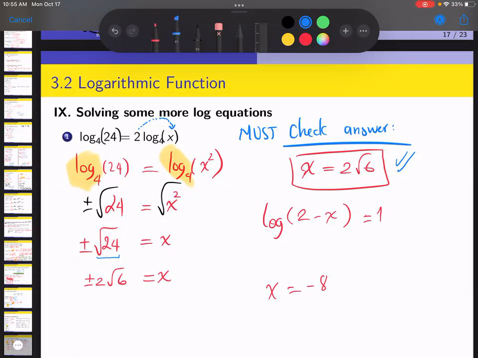In this case, it works, even though it's a negative solution. But remember, that's why you check. What is the check part for? When you plug it in, what does it become? Positive, right? 2 minus negative 8, so 2 plus 8 is 10. So it doesn't matter what the solution is. It matters when you plug it in. As long as its input is positive, you're okay. So sometimes a negative answer works.